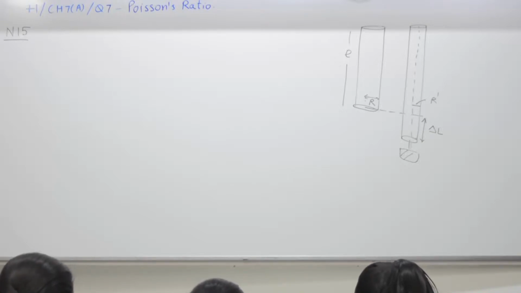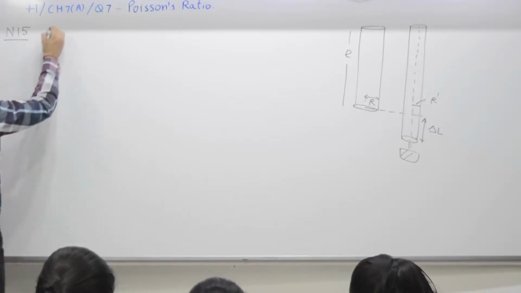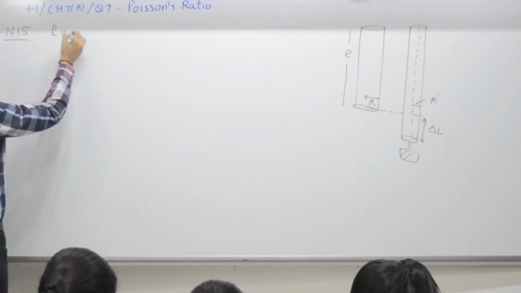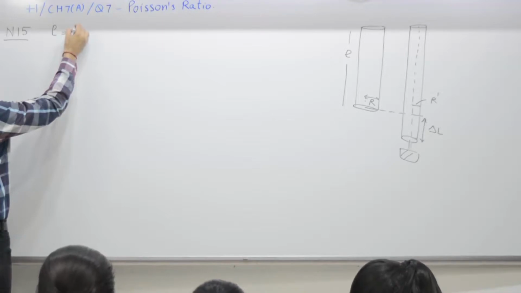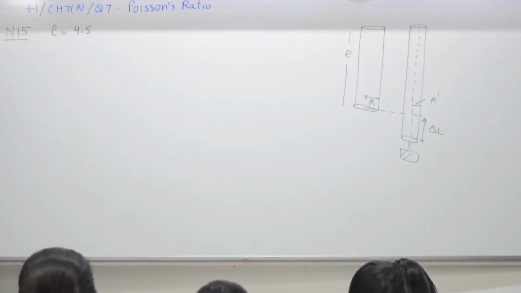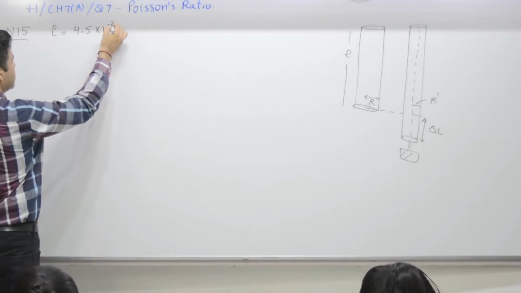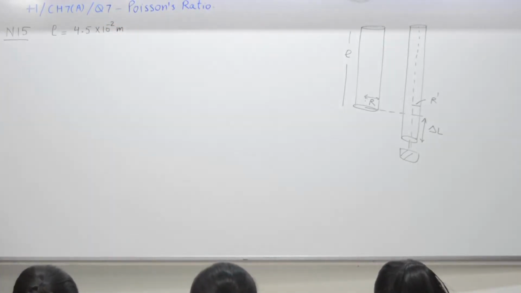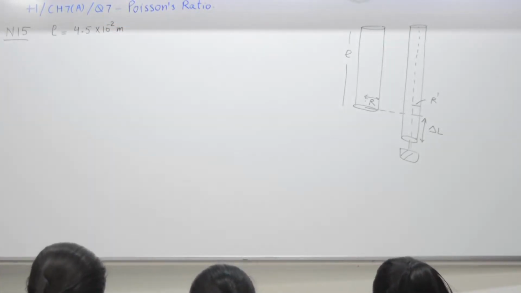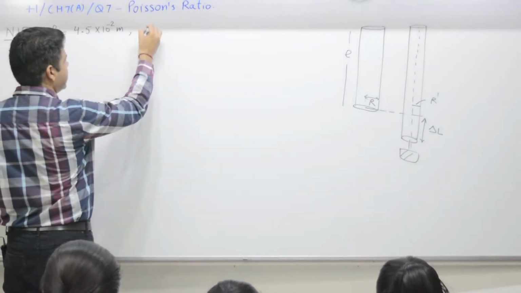Write what is given in order. Length, how much? 4.5 centimeter, 4.5 into 10 raised to power minus 2 meter. Diameter, we'll write everything in terms of radius.